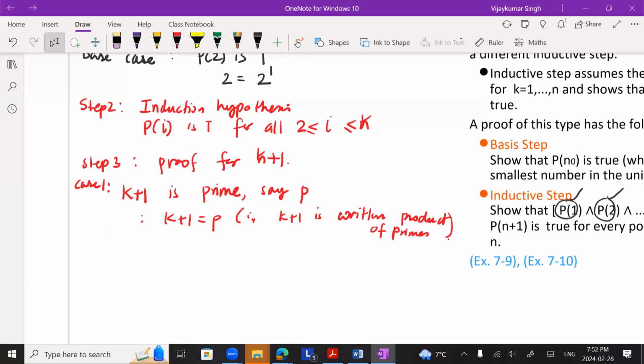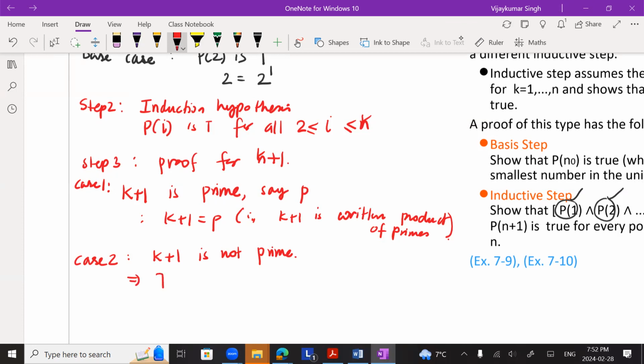Case 2: we don't know about k plus 1. It could be prime or it could be composite, right? So if it is not prime, then the next case is Case 2: k plus 1 is not prime. What is the definition of not prime?